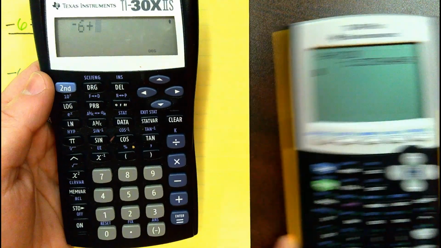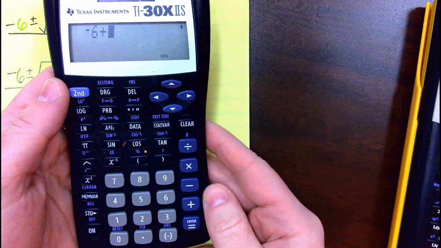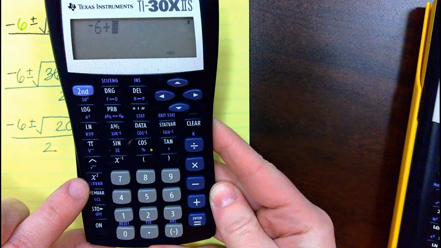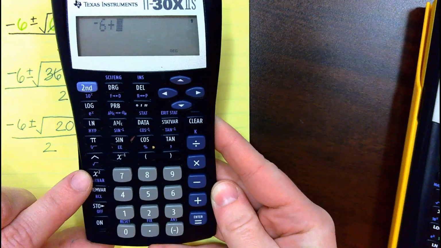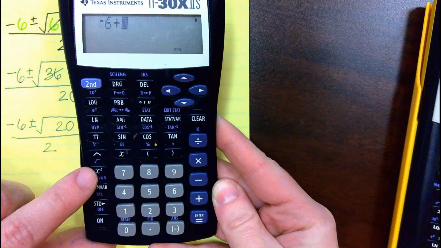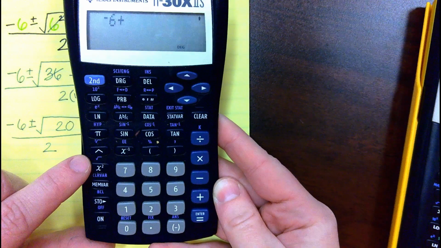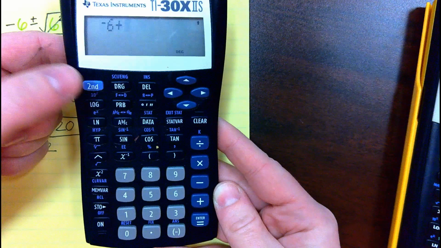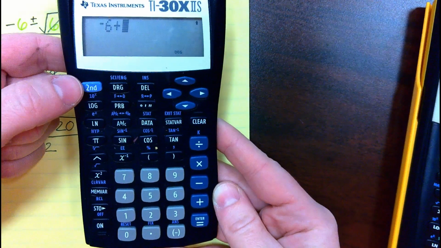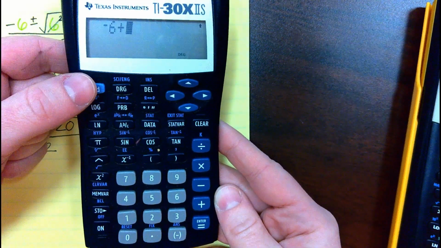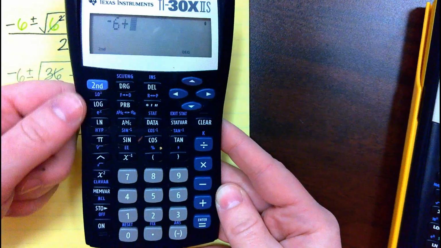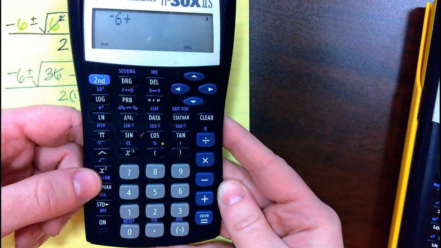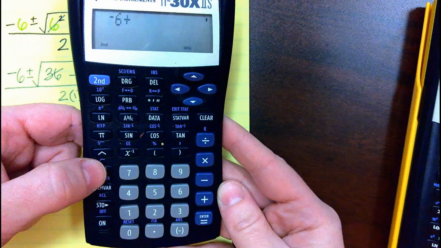Here's how you make a square root on this calculator. You guys see this little symbol next to the 7 that says x squared? Right above that button, there's a light blue square root. To use the light blue symbols, we hit the button at the top left-hand corner that says second. So I'll click that, and then I click x squared with that thing up there.